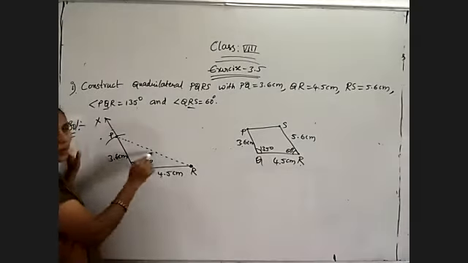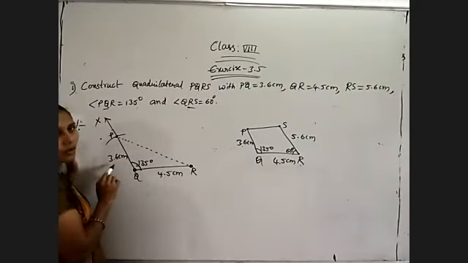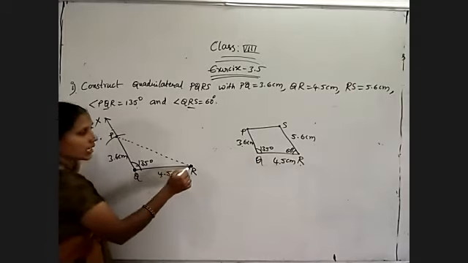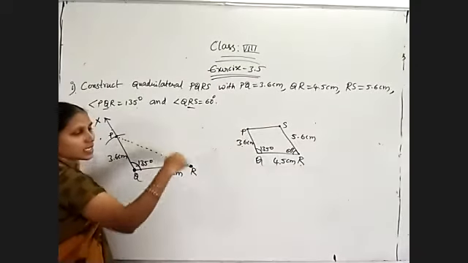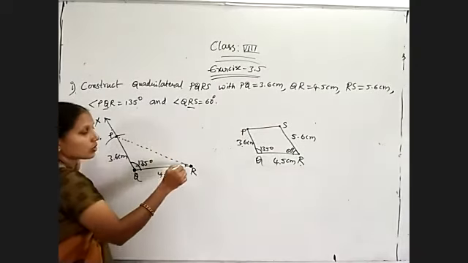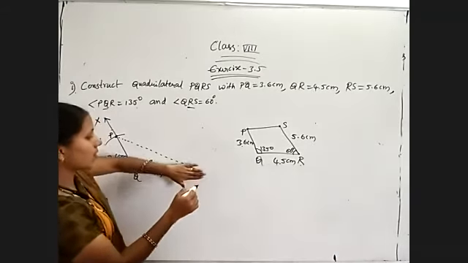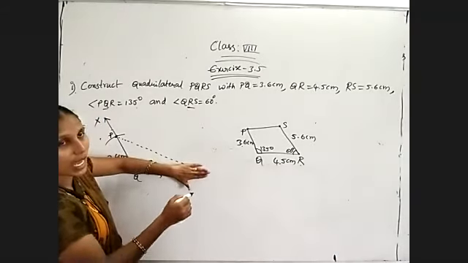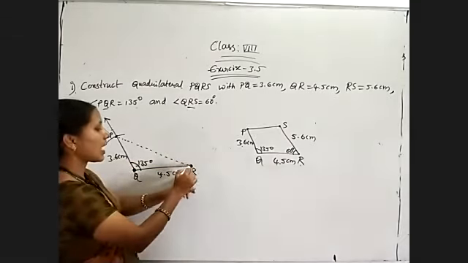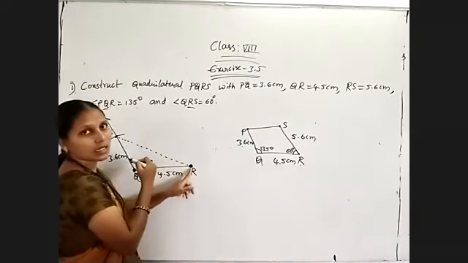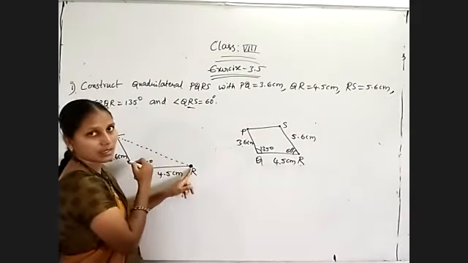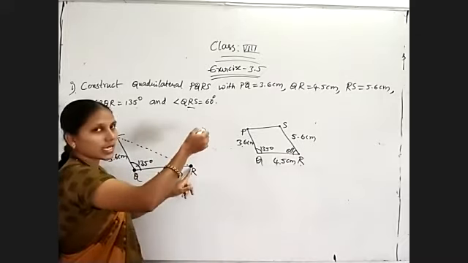Now we want to get the fourth vertex. For that they have given angle R and RS length. So use that. First of all, construct angle R by using the protractor. For that I need to place the protractor at R. When I am placing the protractor at R, this portion is produced at the left side. Yes or no? Means I need to count the upper values.